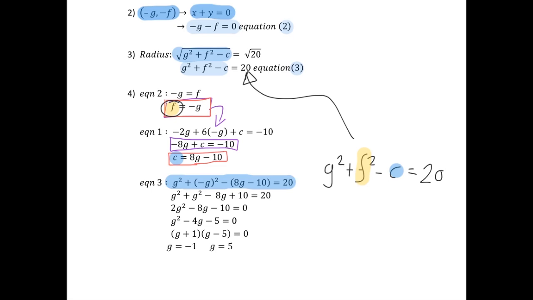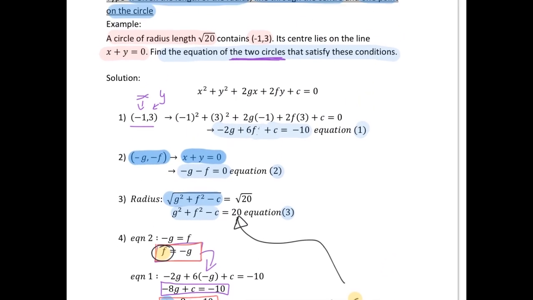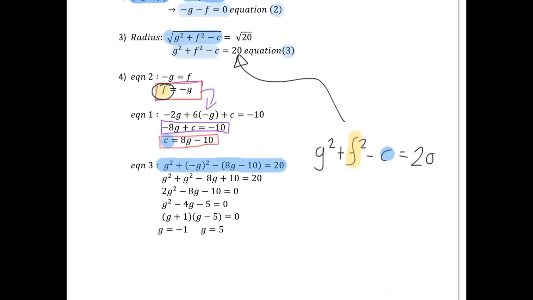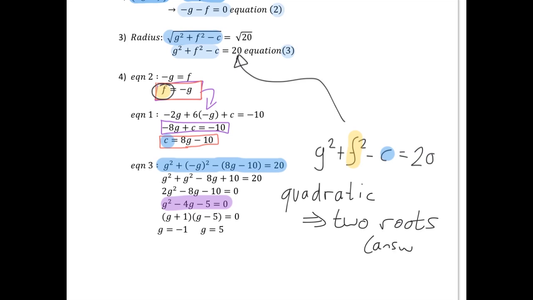Now we see in our question we were asked to find the equations of the two circles that satisfy these conditions, and what we have actually found is a quadratic equation for g. When you have a quadratic equation, that means you have two roots, so we'll have two answers for g.